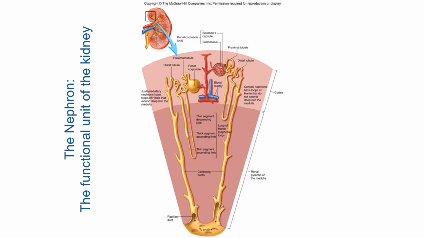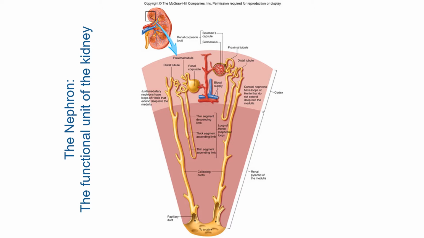This is an example of the juxtamedullary nephron, which are those near the medulla. This part is the medulla of your kidney. They have loops of Henle that extend deep into the medulla of the kidney, whereas the cortical nephrons do not. An example would be this one. The loop of Henle is not really embedded through the renal medulla.